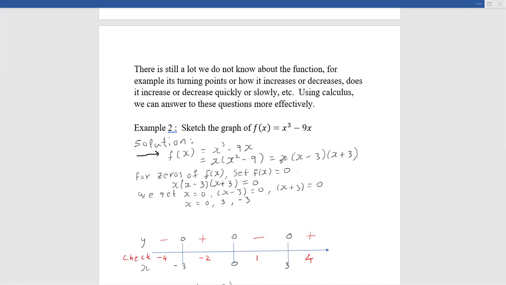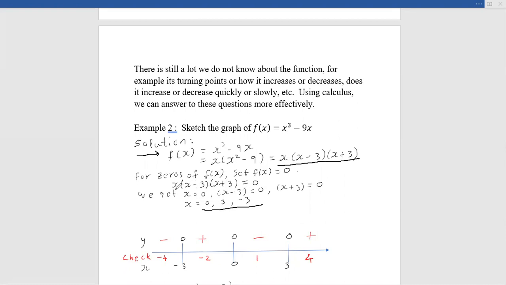By factoring again, we get x minus 3 and x plus 3, setting each factor to 0 and solving these linear equations. I'm just going through this because you know very well how to find these zeros. We learned the same thing with a different name, x-intercept. So we get these answers, x equals 0, 3, and negative 3.